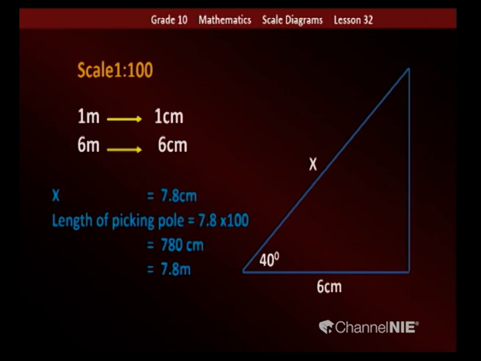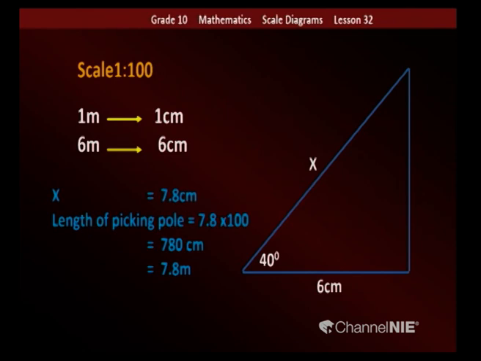I have selected the scale as 1 to 100, representing 1 meter by 1 centimeter. If so, I have to use 6 centimeters to represent 6 meters. Now see the scale diagram. Now you know the way to draw the scale diagrams. 6 centimeters you can draw it, 40 degrees you can measure it.